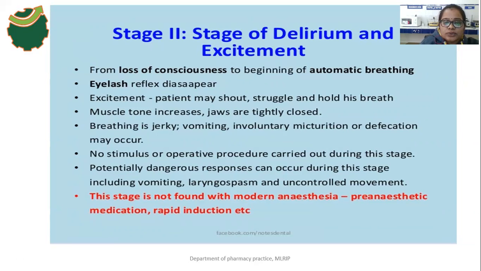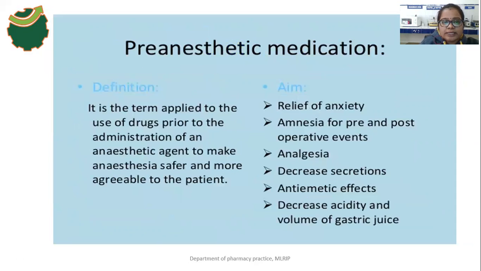So to avoid this vomiting, laryngospasm and uncontrolled movements, we can use pre-anesthetic medication. Pre-anesthetic medication is used before the administration of the anesthetic agents to make the anesthesia safer and more agreeable to the patient.